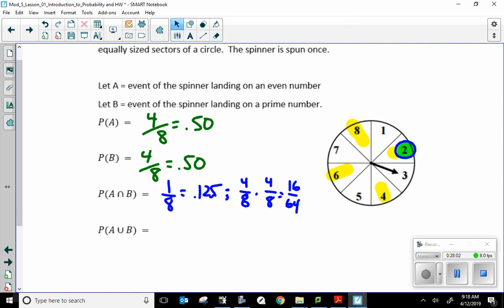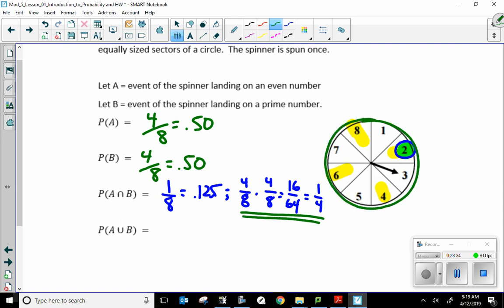But here's the problem. 4 goes into both of those, and let's reduce this. I get 1/4. So why does that not work? Because we need to take out duplicates. So you can see how this thing can turn into a giant mess and an incorrect answer when you just have a visual. You need to take out duplicates.